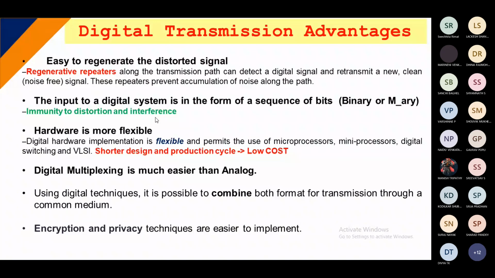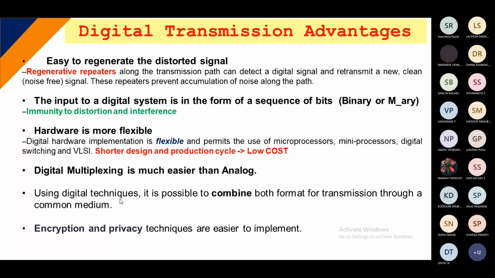All right. So that is another advantage. Digital multiplexing is much easier than analog. I have already told you. Using digital technique, it is possible to combine both formats for transmission through a common medium, which means that suppose I am speaking now with you, so that is speech media. Basically, my voice is getting converted through an A to D conversion, and then the data is being fed to you. Again, there will be a regeneration where you are able to listen to what I am talking right now.